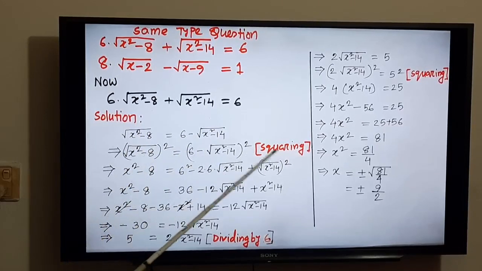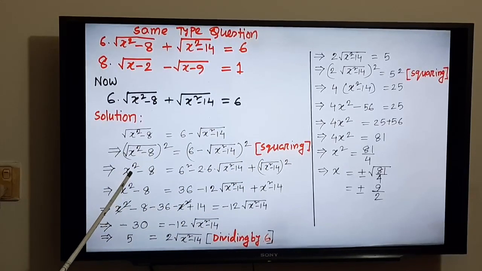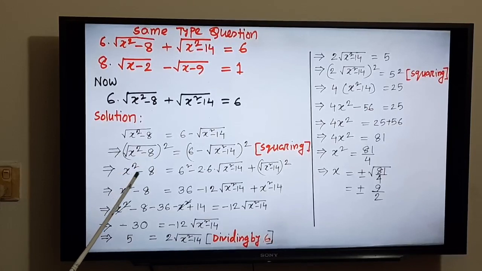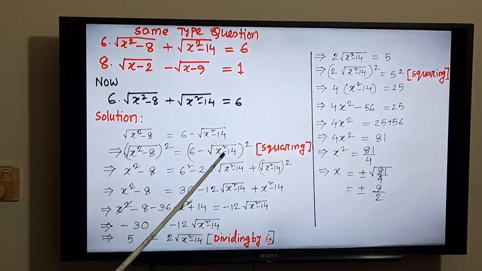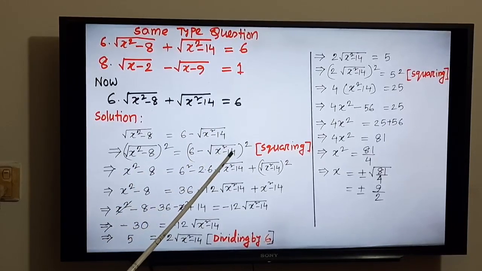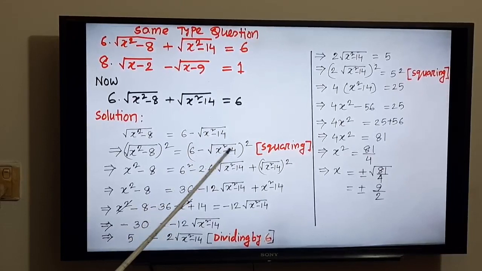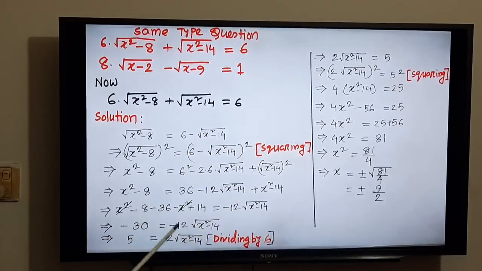Now squaring both sides. This is the important step to solve the radical equation. Then square this term, we have got x square minus 8. Then square this term, a minus b whole square is equal to a square minus 2ab plus b square.